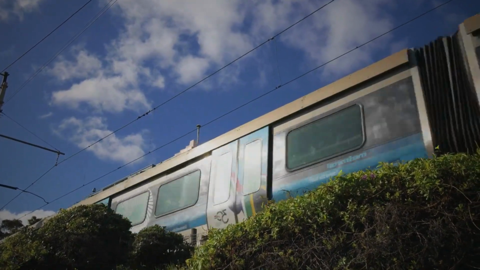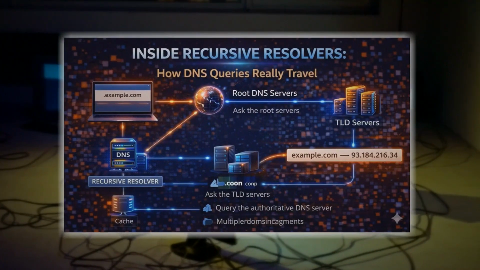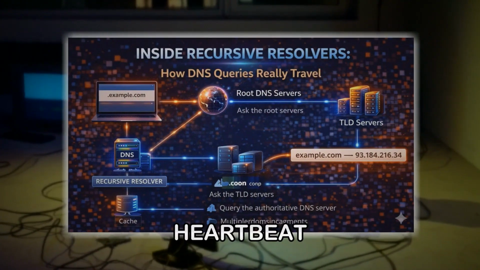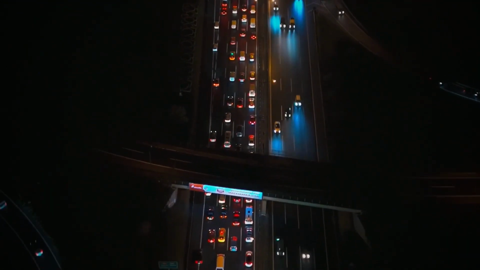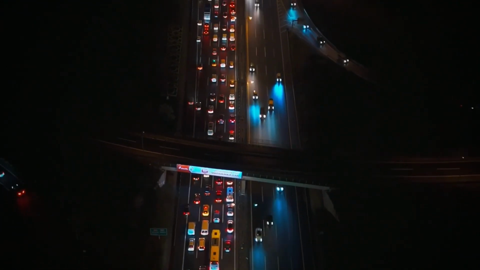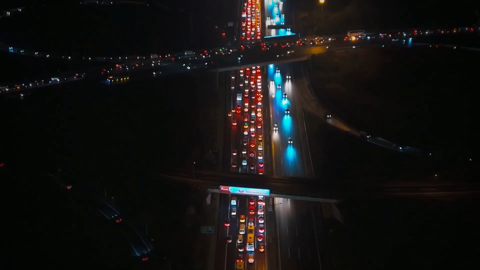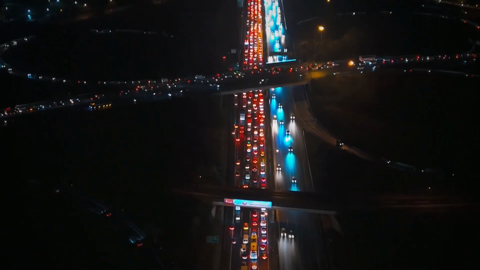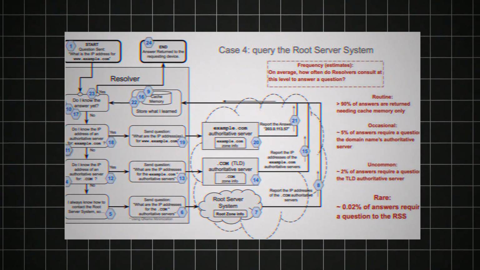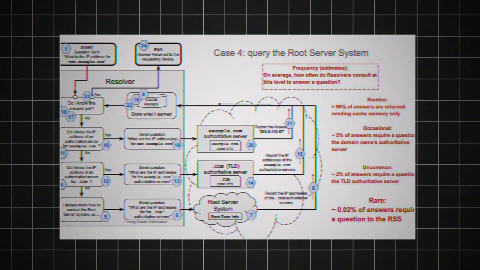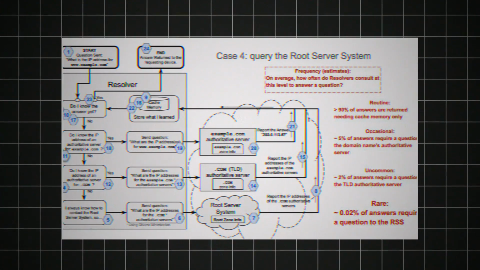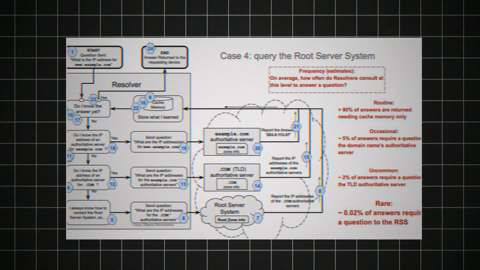The acknowledgement system deserves a closer look because it is the heartbeat that keeps the connection honest. When the server receives segments, it sends back a cumulative acknowledgement, a message that effectively says, "I have received everything up through this point in the stream." If the server has received segments 1 through 40, but is still waiting for segment 41, it keeps acknowledging through 40, even as later segments arrive and sit in its buffer.